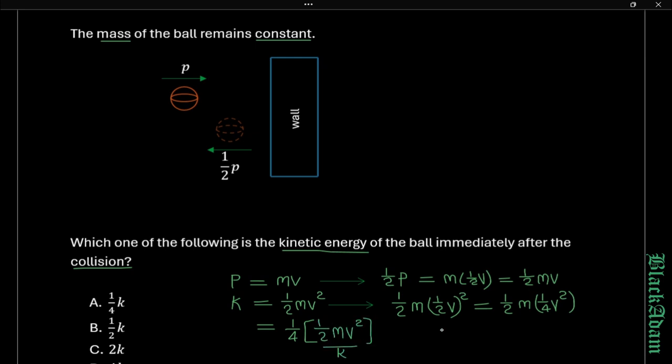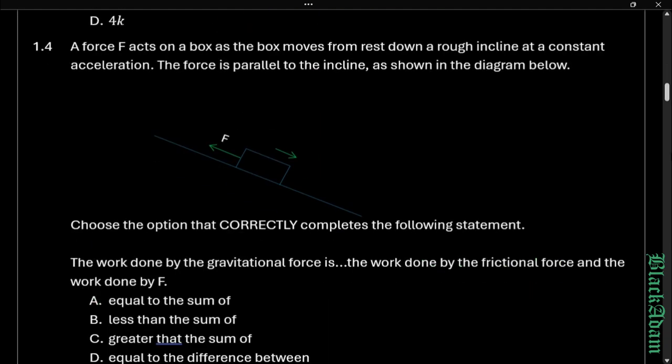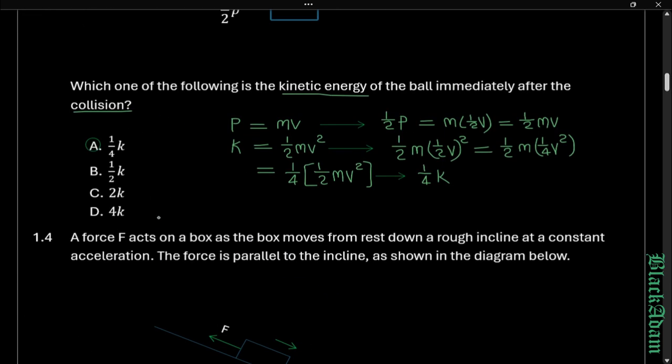That's the kinetic energy formula, and now we have a quarter. We factor out 1/4, so that's a quarter of the kinetic energy. So the answer is A. In physical sciences, you always have to calculate first if you have to redefine it. So the answer there is A.